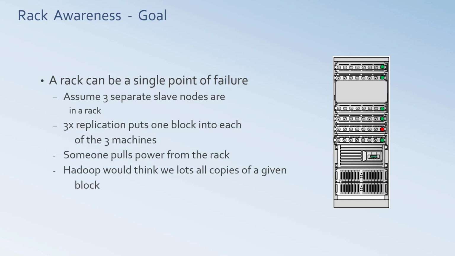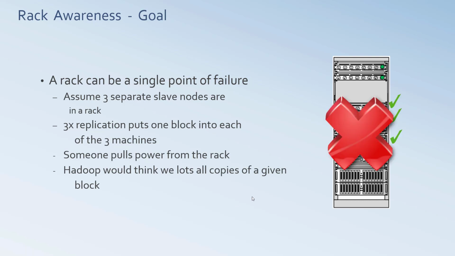To see how a rack can be a single point of failure, let's say that we have 3 separate slave nodes inside of a rack. And though HDFS does give us the 3x replication to copy one individual block across 3 slave nodes, if each of those slave nodes existed in a single rack and then we lost power to that rack, we would lose the ability to recreate the file.